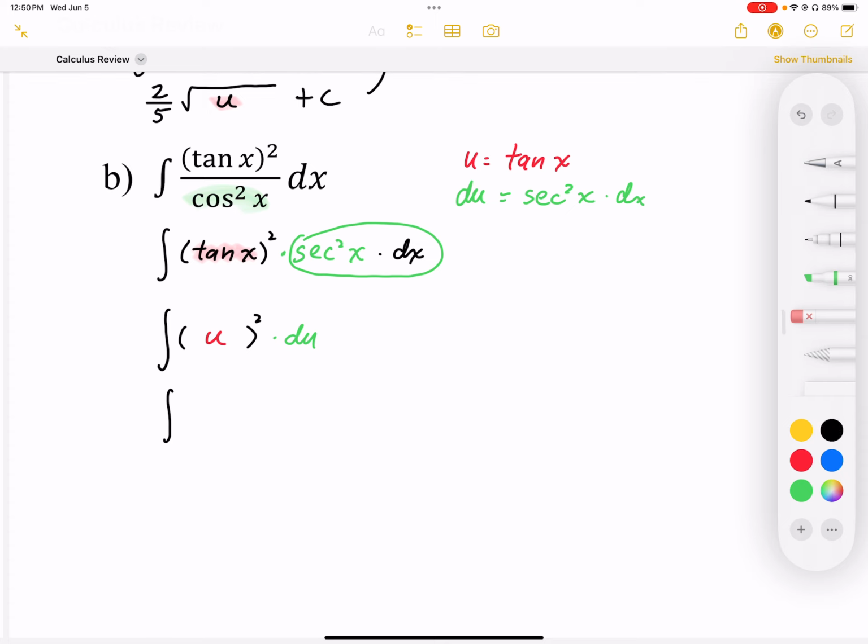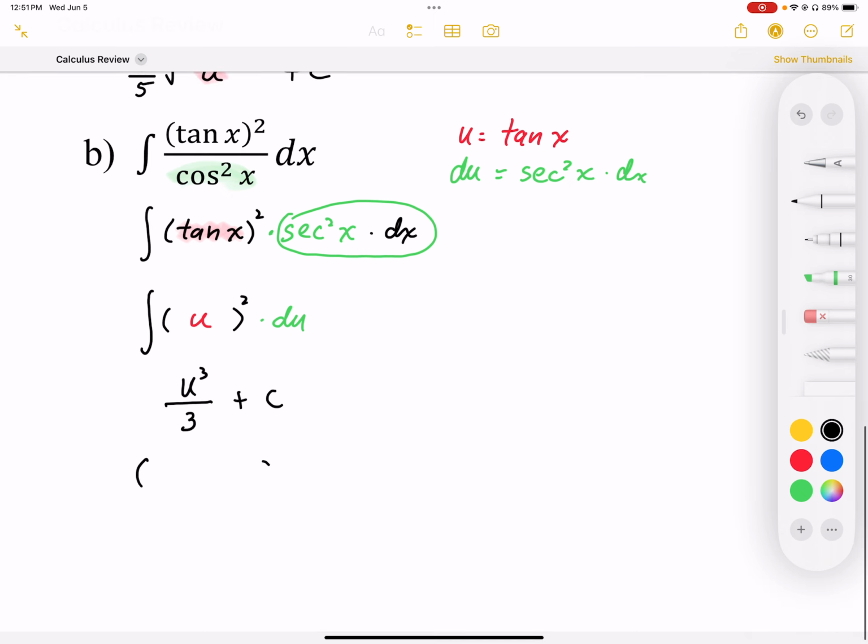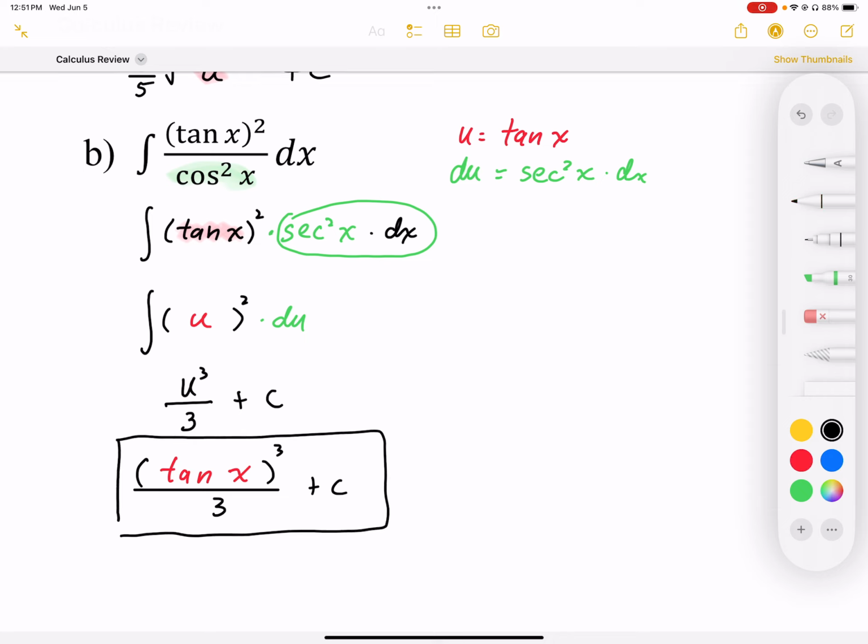I end up with u cubed over 3 plus c, and then all I need to do is replace that u with the inside function tan. So that is replaced by the u that I chose, which was tan x all cubed. Okay, so this is my indefinite integral. We could clean this up and rewrite this as tan cubed like this.